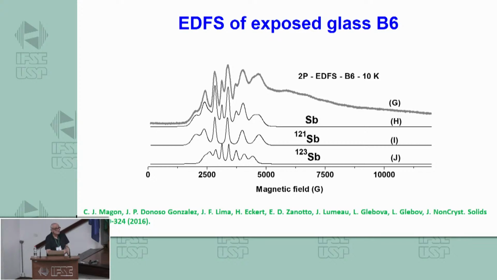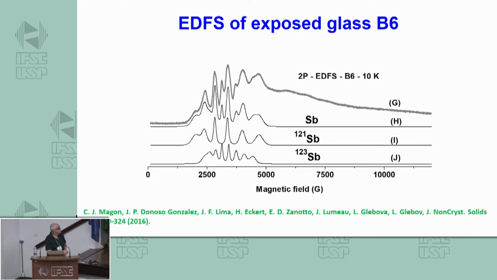But more interesting are the sharp features here, and we could clearly identify them as being the interacting species with antimony. Antimony has two isotopes that have nuclear magnetic moment, 121 and 123, and they have spin quantum number 5/2 and 7/2, and 123 has a smaller nuclear magnetic moment, so the splitting is smaller.